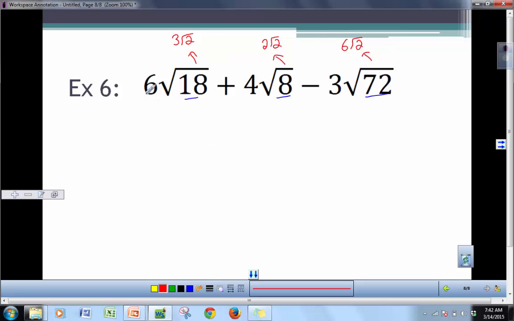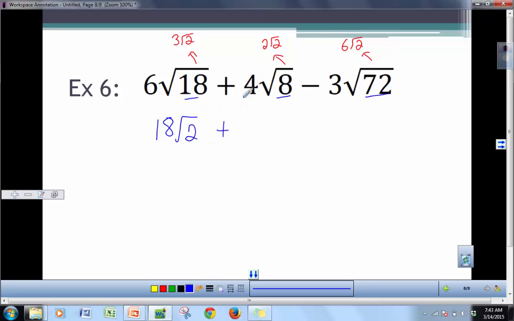All right, but the root 18 was being multiplied by 6. So what you're going to want to do is take the existing coefficient of 3, multiply it by the 6 that was already out here. So 6 root 18 is the same thing as 18 root 2. You could even verify it in your calculator just to double check, but these are the exact same number.